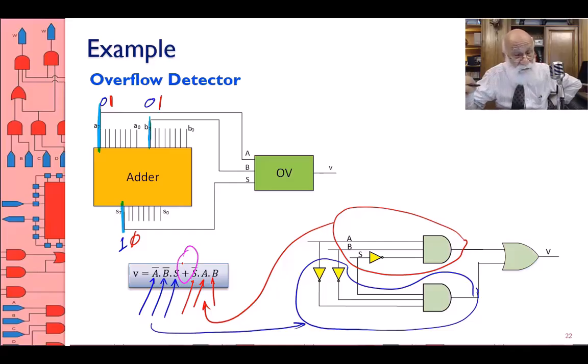Remember when I said my sentence, if A is 0 and B is 0 and S is 1, that's a case of overflow. Another case of overflow is if A is 1, B is 1, S is 0, that's another case of overflow.